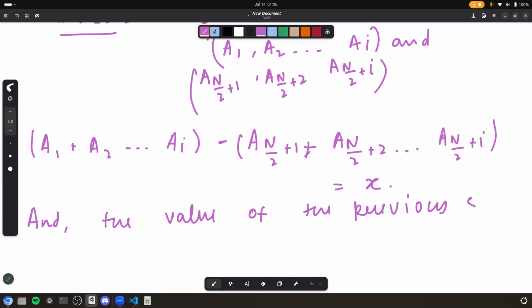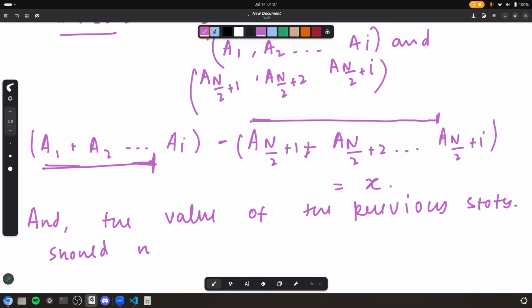What I mean by previous states is the value from a1 to ai-1 and here from a(n/2+1) till a(n/2+i-1). So the difference of these also should be positive, and we can go backwards from here and all those should be positive because this should be true for any i. So the value of all the previous states should not fall below 0.